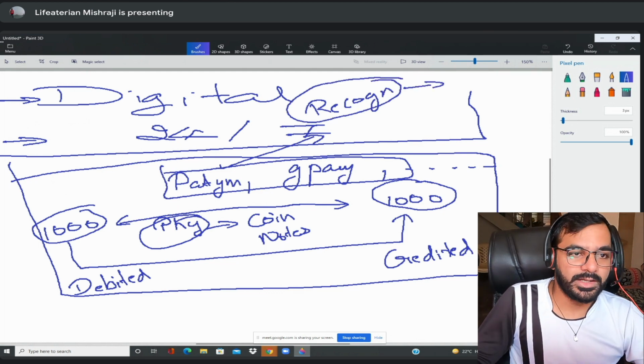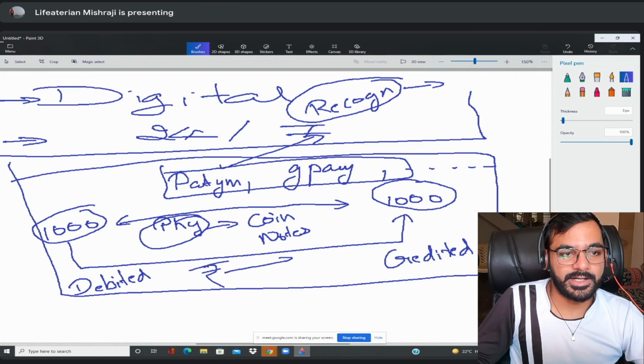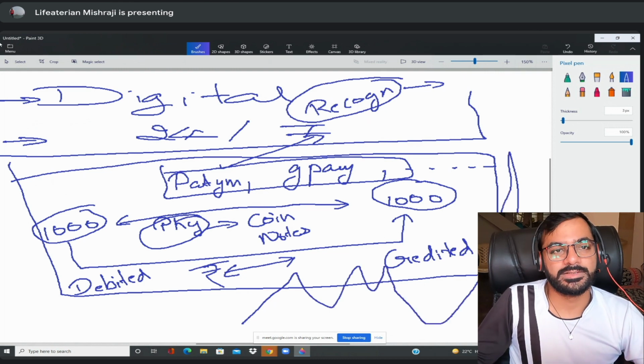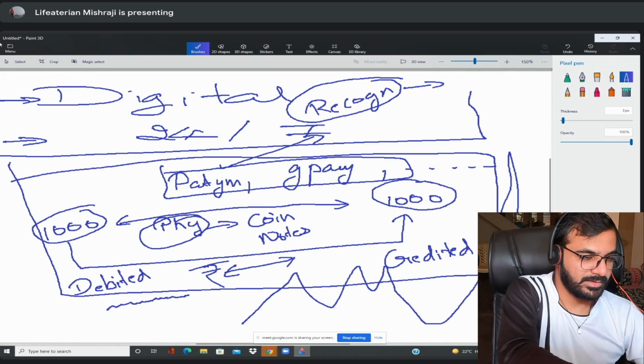For example, rupee, you can exchange it in any part of the world with other currency, correct? And the value of it does not go like this. It stays something like this. Correct? Then why cryptocurrency?